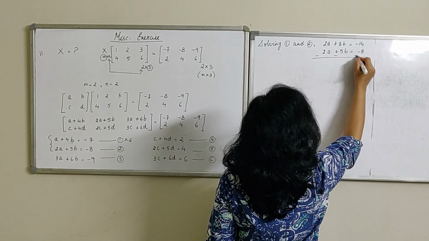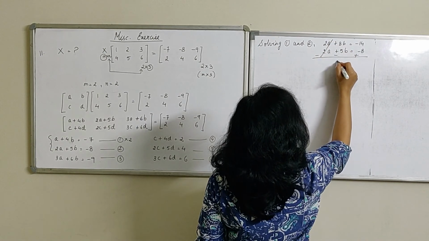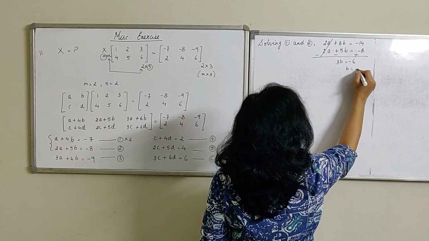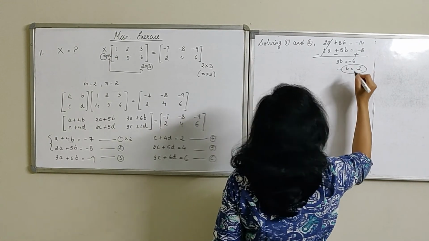Subtracting corresponding elements, so we have here 3B equal to minus 6, therefore B is minus 2. One element we have found.